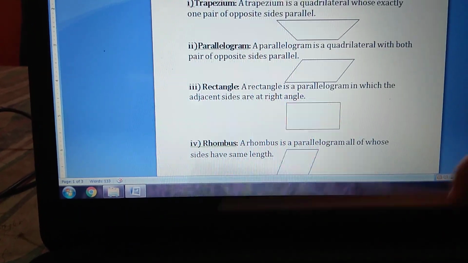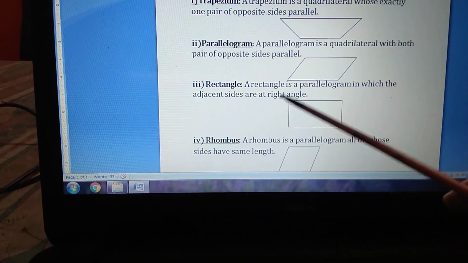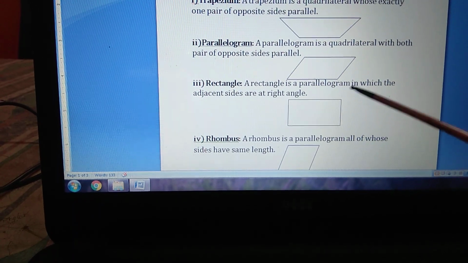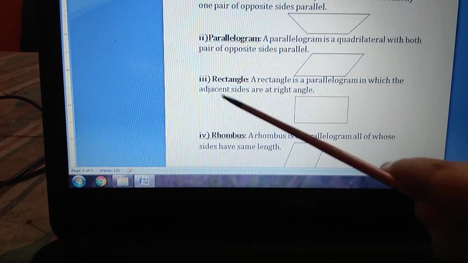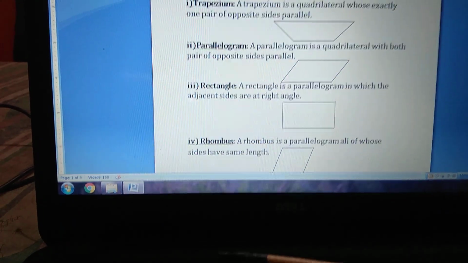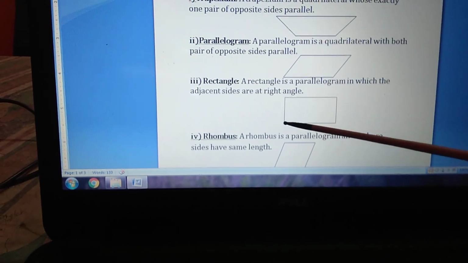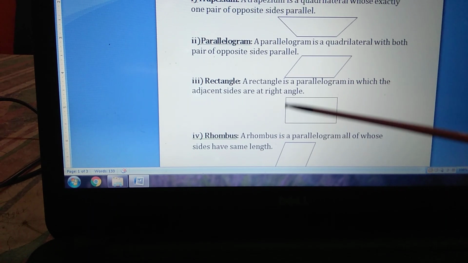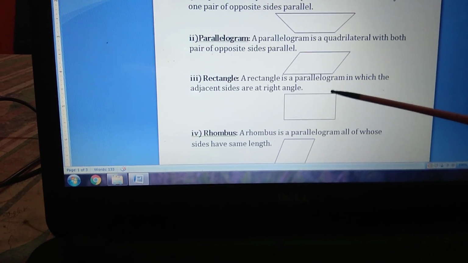Okay. Now next go to rectangle. A rectangle is a parallelogram in which the adjacent sides are at right angle. Now what does adjacent side mean? Adjacent side means neighbors. See, this side and this side are adjacent, this side and this side are adjacent.